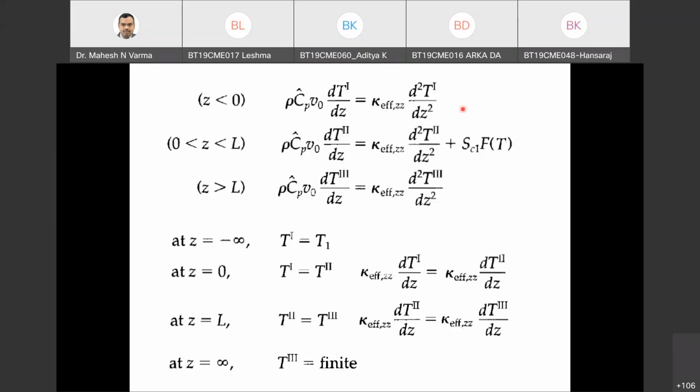Tell me the answer. Sir, we can assume that for Z less than 0, both expressions are equal, so we can assume them to be equal to some constant C1 and then solve them independently to get C1. Okay. That is what we use when we have a multi-parameter differential equation.